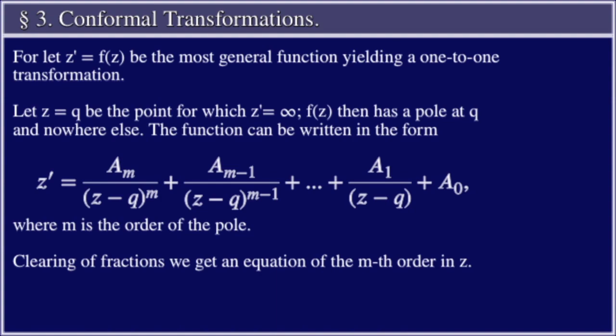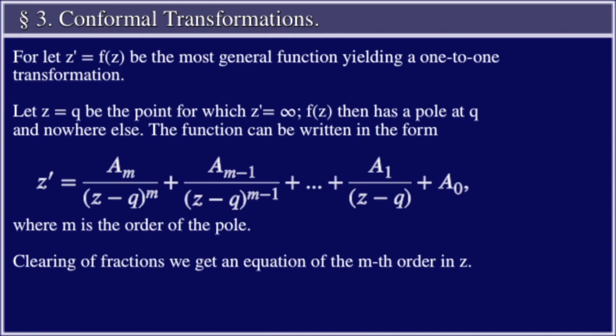The function can be written in the form z' equals am divided by the quantity z minus q to the mth power, plus am minus 1 divided by z minus q to the m minus 1, plus and so on, plus a1 divided by the quantity z minus q, plus a0, where m is the order of the pole.